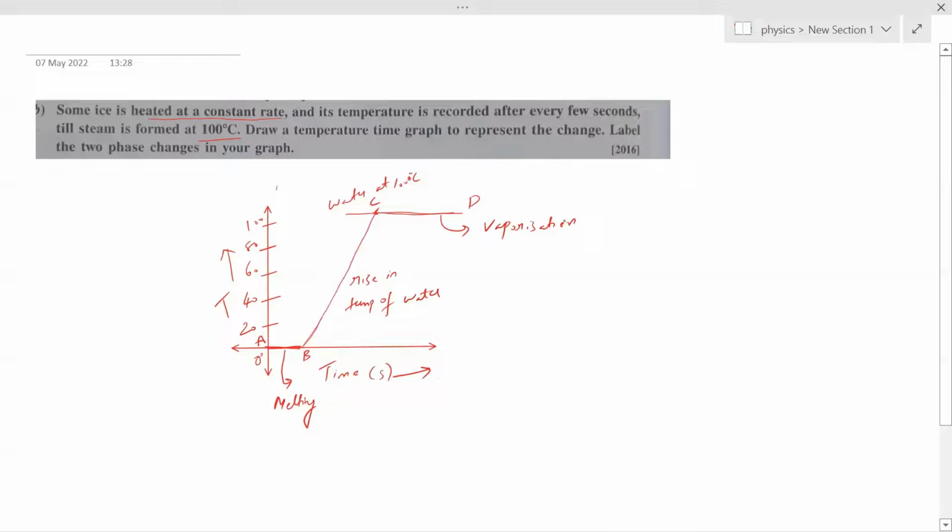CD. Ajay, Azra, can you tell me why this horizontal line CD is more than AB? Why is this line bigger?